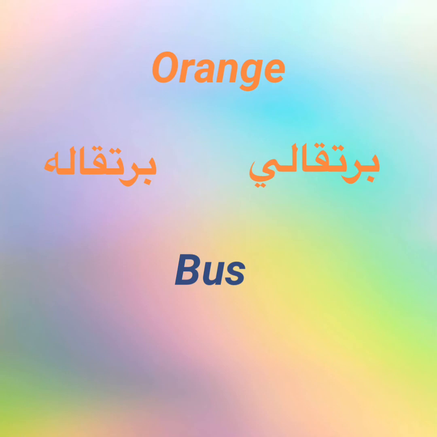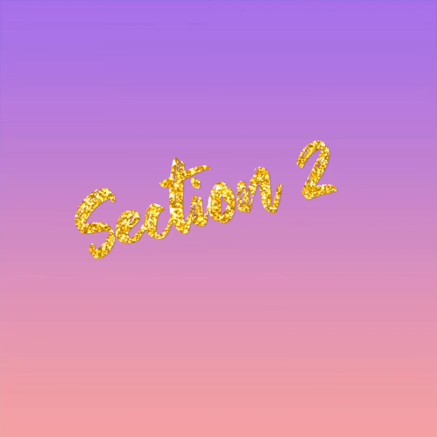How do we say bus? حافلة. So again, orange the fruit, برتقالة, the color, برتقالي, bus, حافلة. So that was all for section 1.